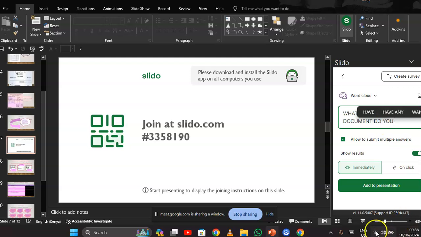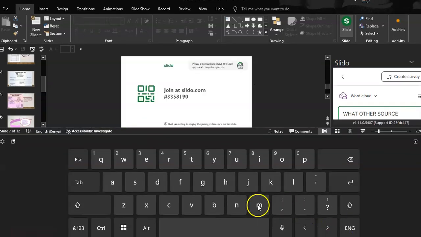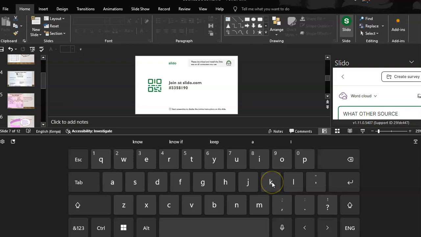Are you able to see anything? Source documents, write any source document that you know.